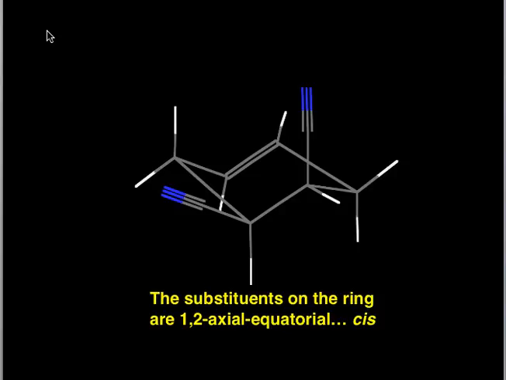Our dienophile started off with cis nitrile groups. Here we have the two carbons of our dienophile. One is axial, one is equatorial. Remember, I'm sure you do, if you have 1, 2 axial equatorial, that means they're on the same side of our ring plane, and they are regarded as cis.